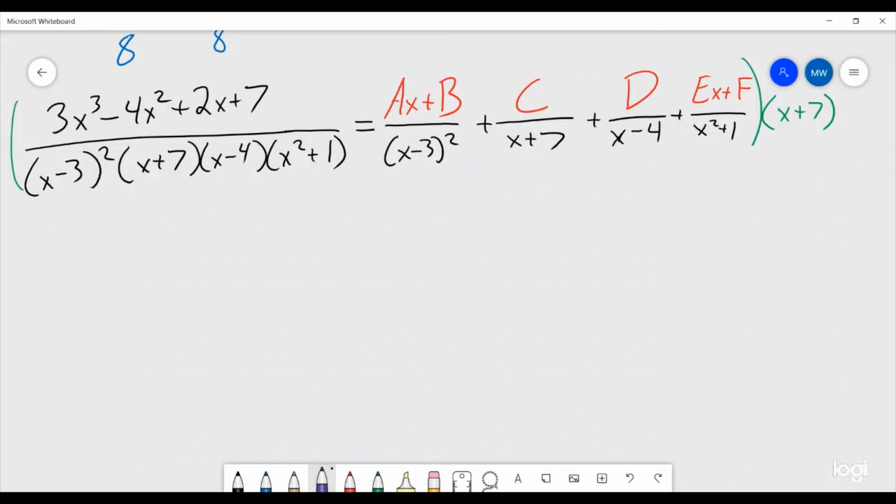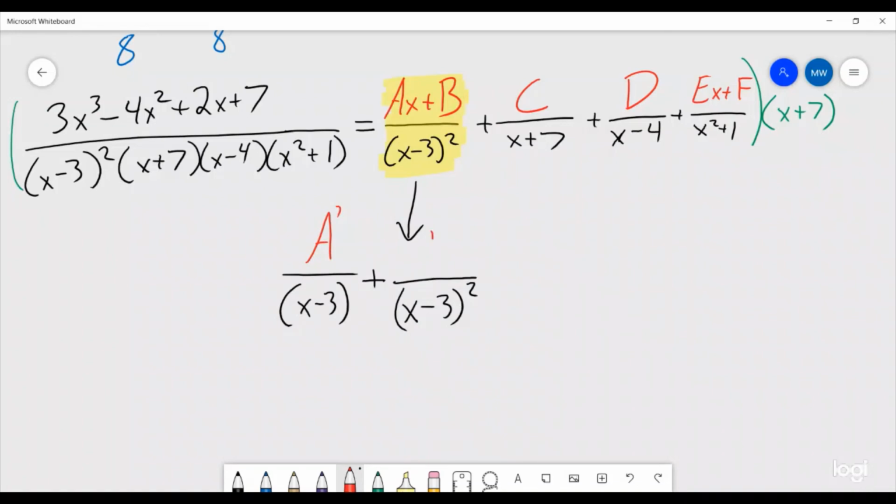Also, a common thing that you might see is with this sort of situation where we have an x minus 3 squared, sometimes, depending on how you're learning partial fractions, this is broken up into something over x minus 3 squared and another thing just over x minus 3, where both of these tops are constants.